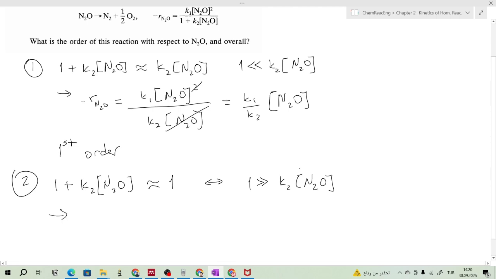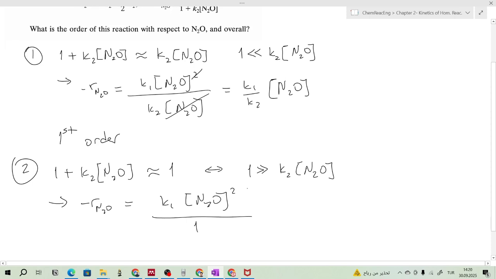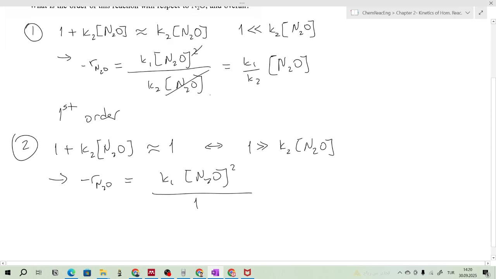So you can neglect that term and say my reaction rate is something like this, K1 N2O squared over just 1. You see that we have 2 as the power of concentration, so here it will be a second order reaction.